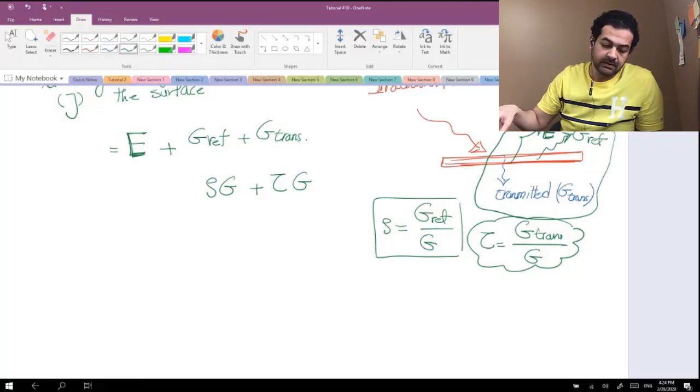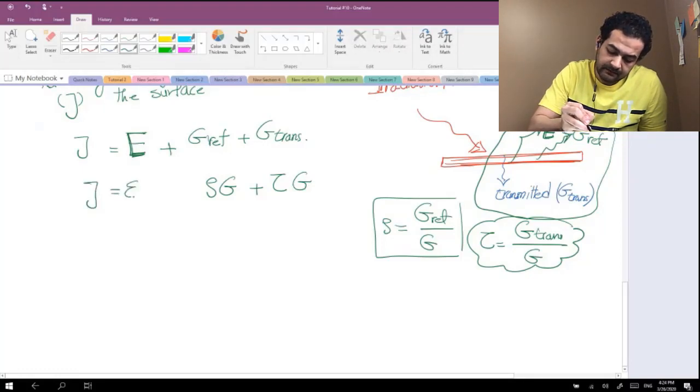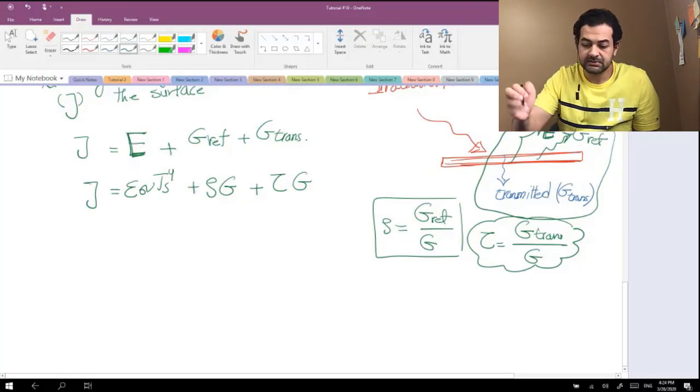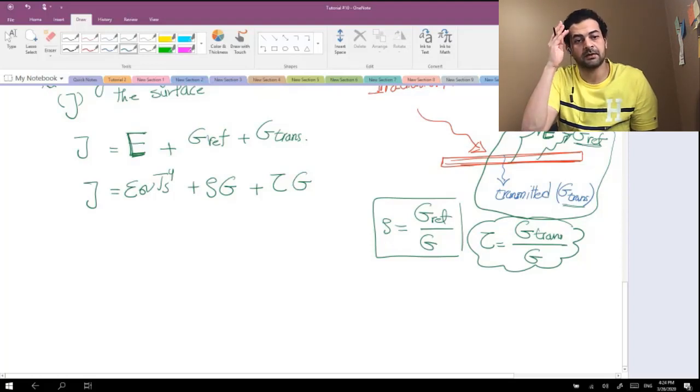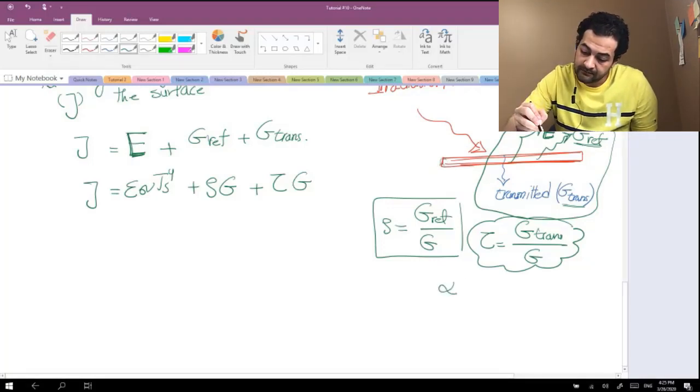You're welcome. So this is going to be J, and J is equal to epsilon sigma Ts to the power 4, which is depending on the surface temperature, right? All the other heat fluxes are depending on the material itself, the material of the surface, like alpha, rho, and transmittance.